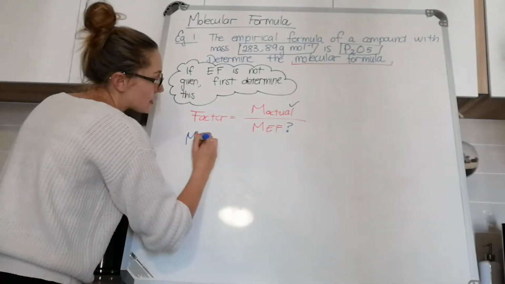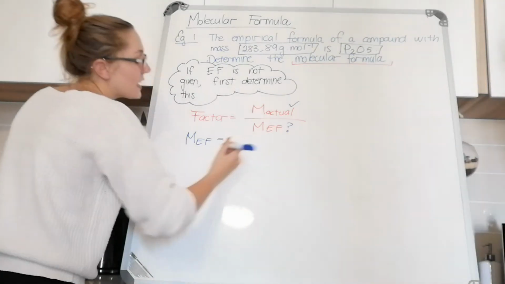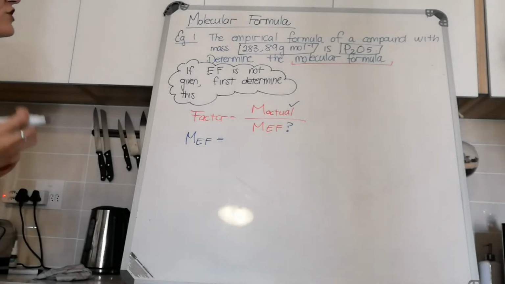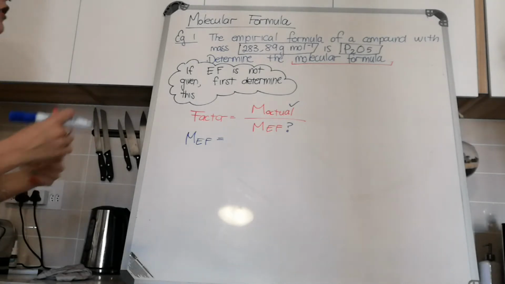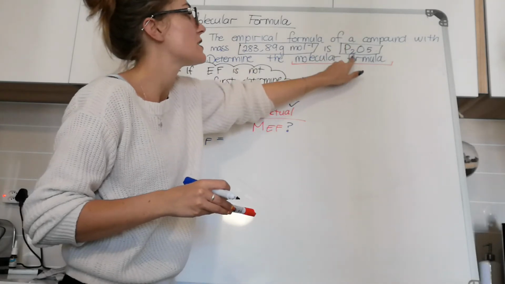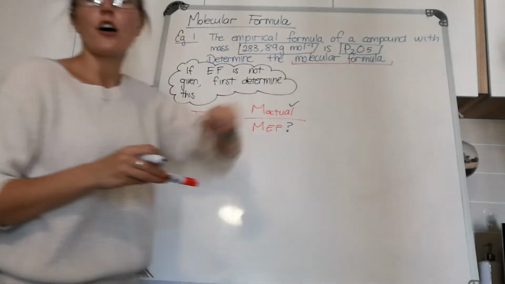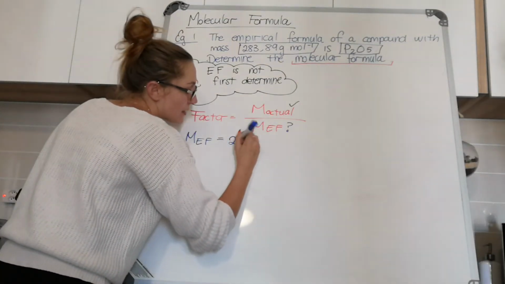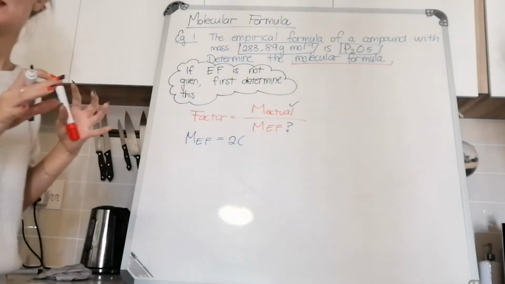So the molar mass for our empirical formula is just equal to the atomic masses of your periodic table of each atom in our compound. In our empirical formula, we have 2 phosphorus atoms and 5 oxygen atoms. Now I'm using a different periodic table to you again. I'm sorry, your numbers might be slightly different.